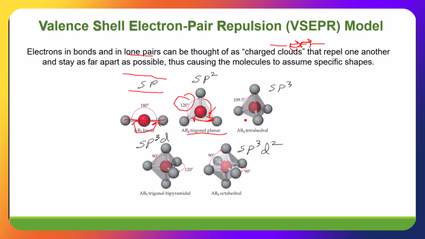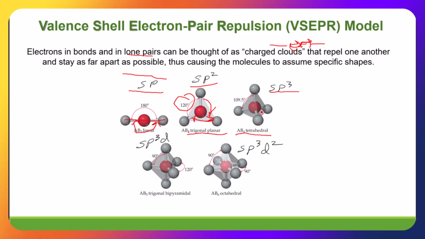Now, here's the tetrahedral bond angle that I showed you before. And just to remind you, the trigonal planar, sp2 hybridized. Here's the tetrahedral hybridization, sp3 hybridization. 1 plus 3 is 4.